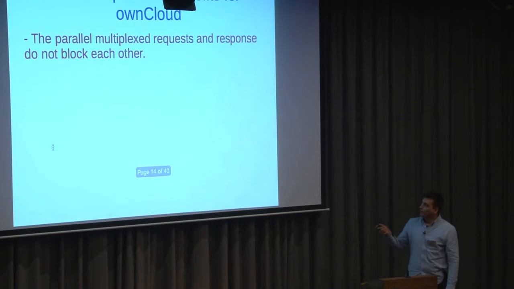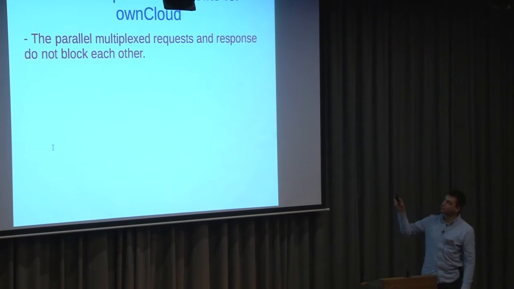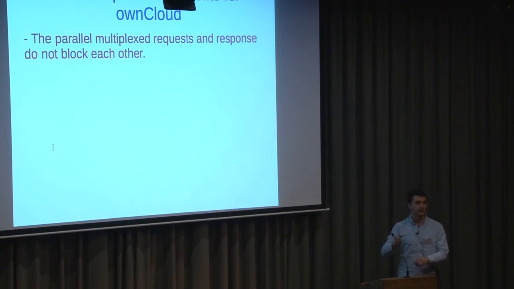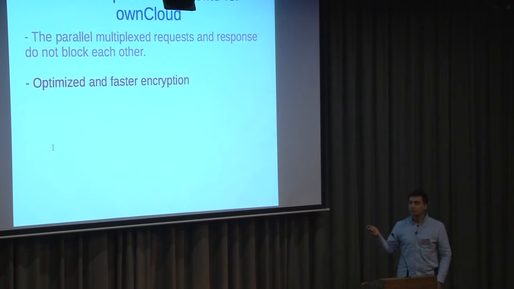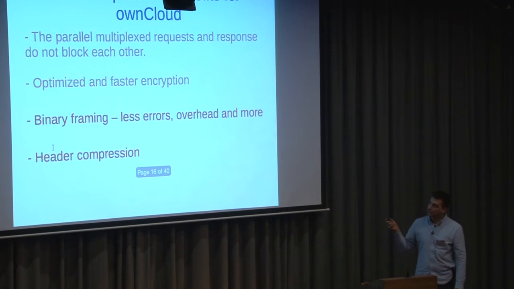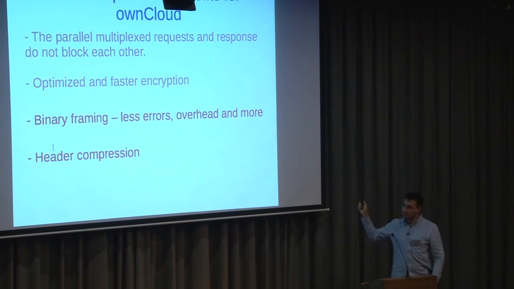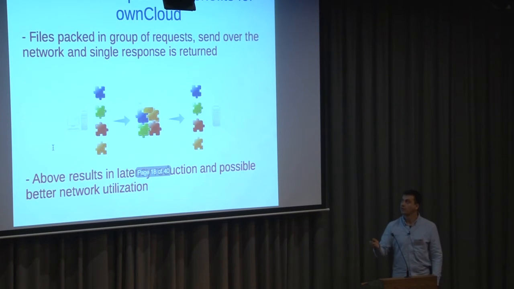And what is the possible benefit of HTTP2 for Uncloud? As I said, the parallel multiplexed requests and responses do not block each other, so they can come in any order. HTTP2 ships with optimized, faster encryption, binary framing, less error overhead, header compression and flow control.